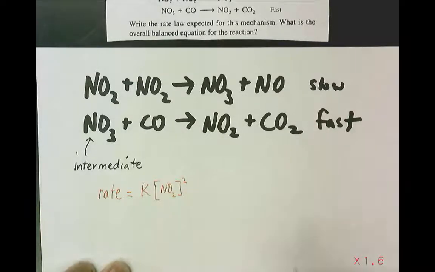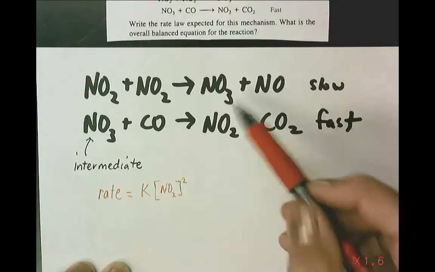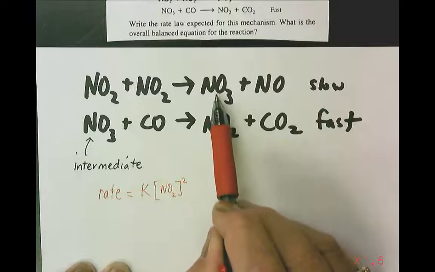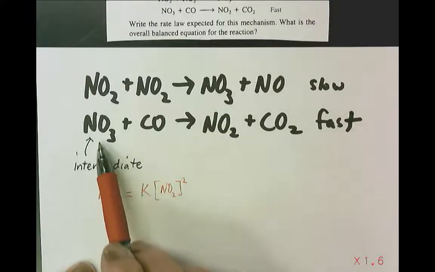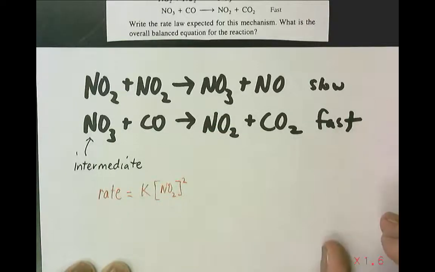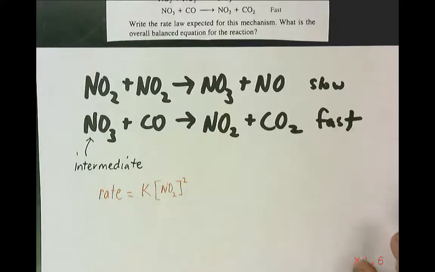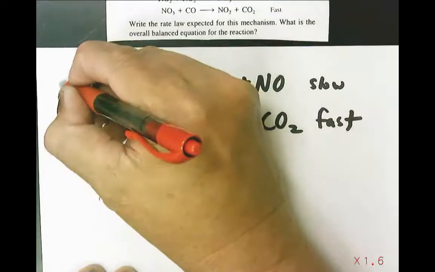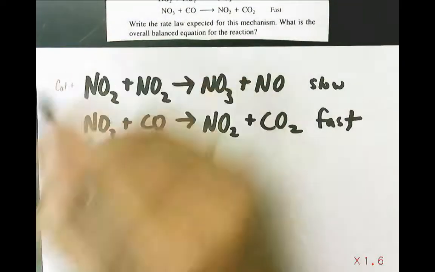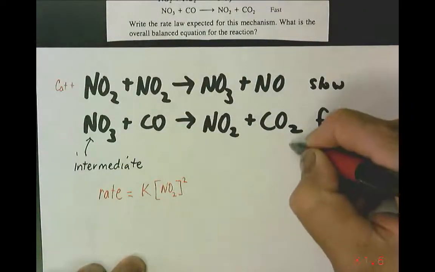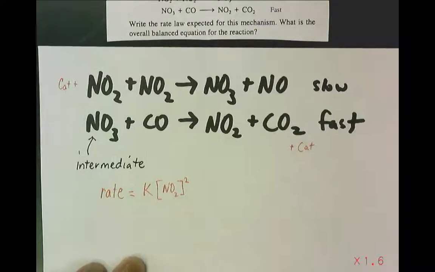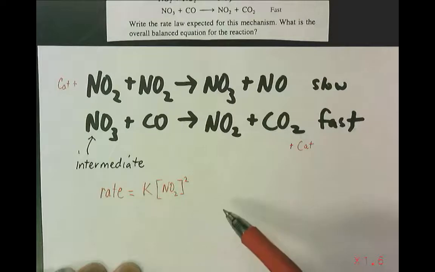That's the rate law, and so it's second order. Again pointing out, we have an intermediate, a substance formed as a product in one step and then consumed in the next step. Now if you had a catalyst in here, which we don't, we could just add something on here, cat. That would also appear over here at the end if there was a catalyst. All right, so there is the rate law.